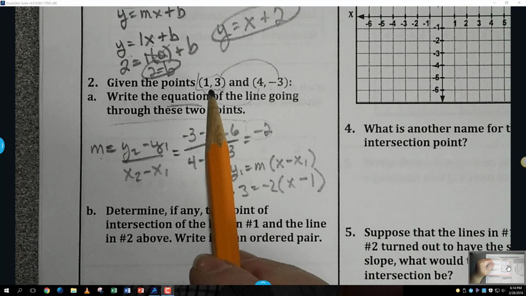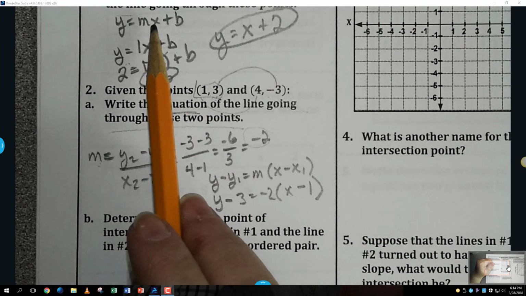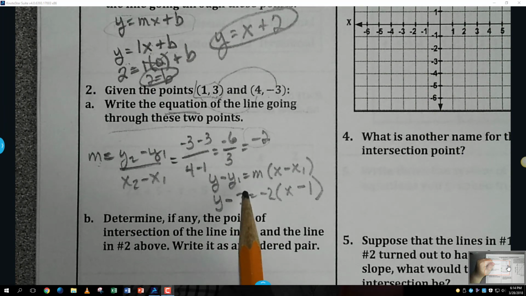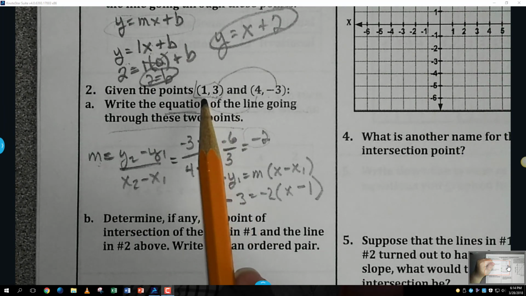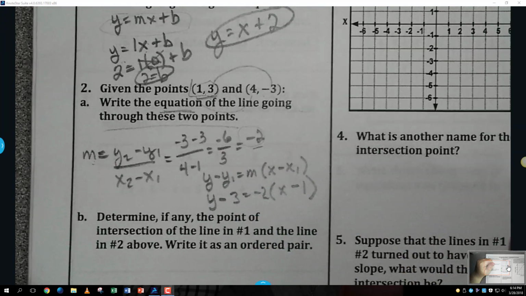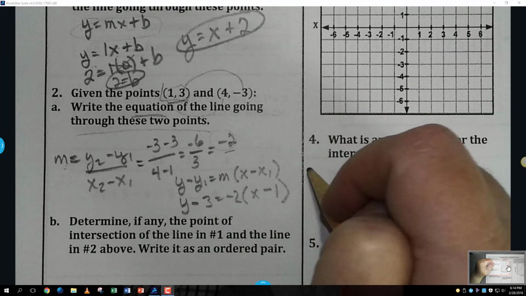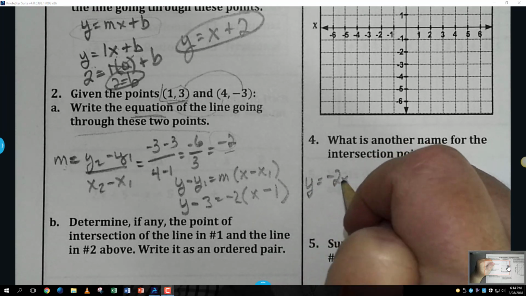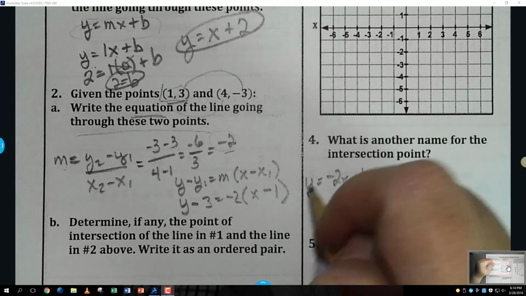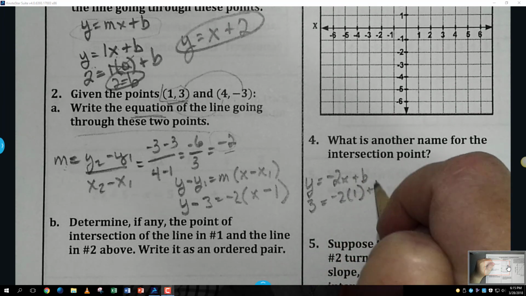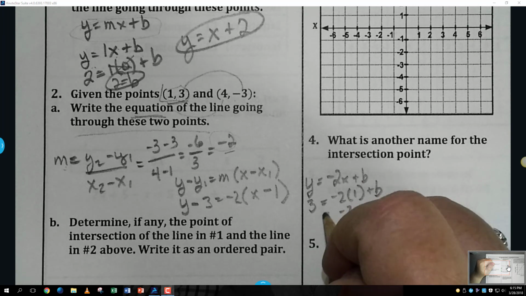Okay, you also could have fallen back on this and figured out the slope-intercept form, right? This is called the point slope form because it tells us a point and the slope. But you also could have just simply said y equals negative 2x plus b, 3 equals negative 2 times 1 plus b, negative 2.